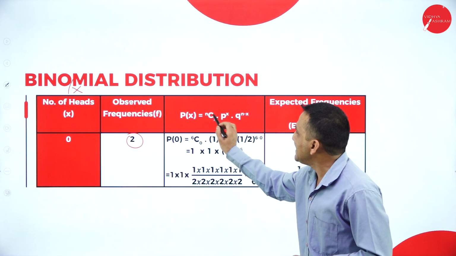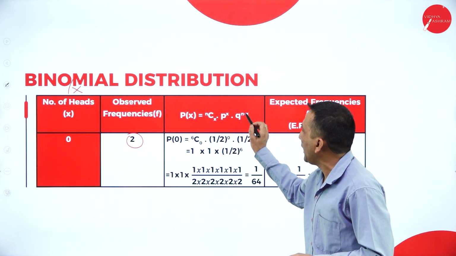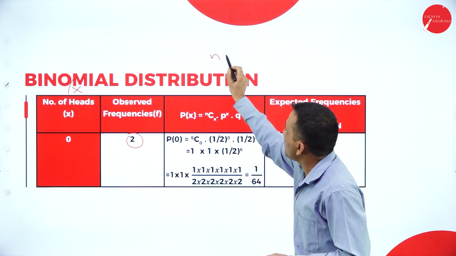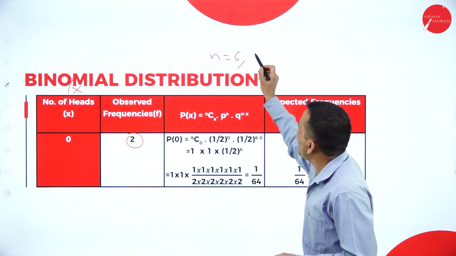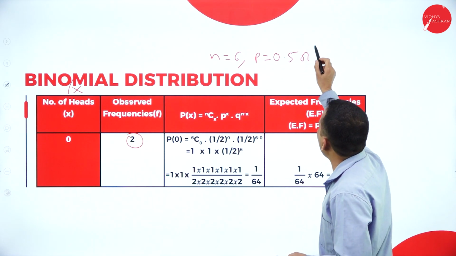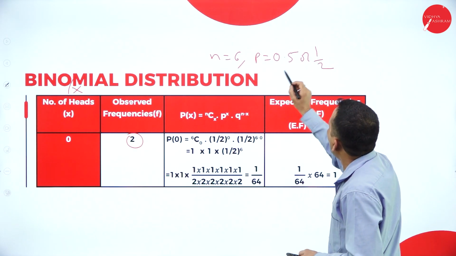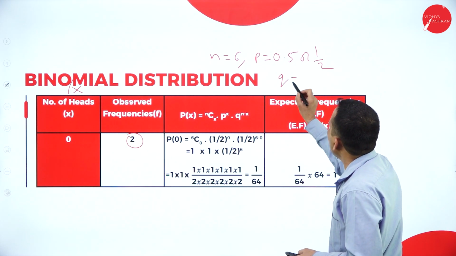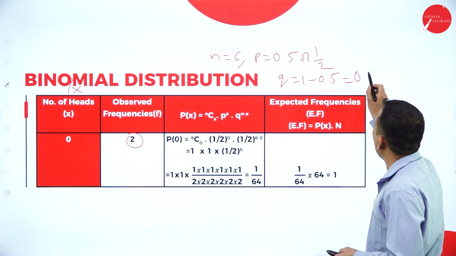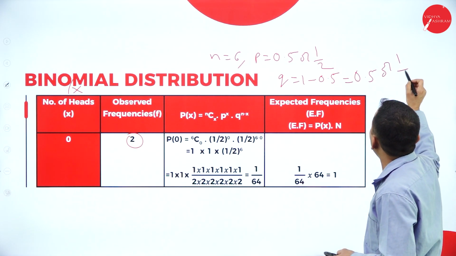So the formula is nCx into p to the power x into q to the power n minus x. In this case, small n is equal to 6, the p value is 0.5, or 1 by 2, and the q value is 1 minus 0.5, which is 0.5, or 1 by 2.